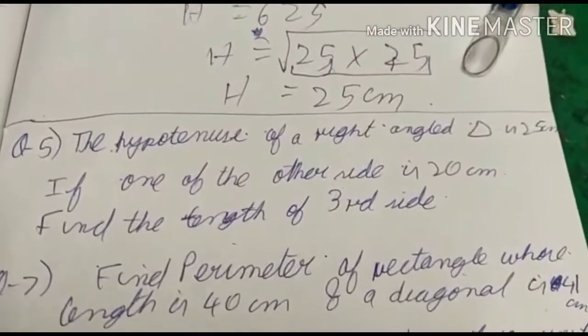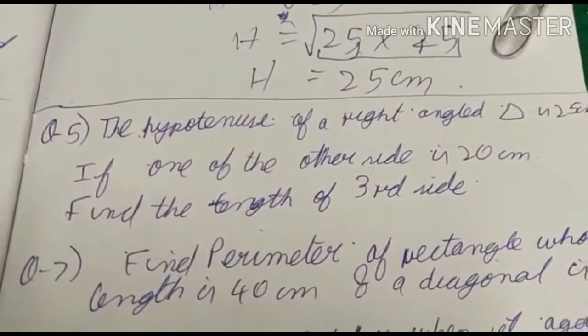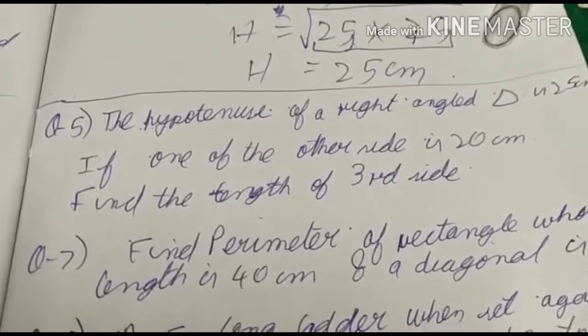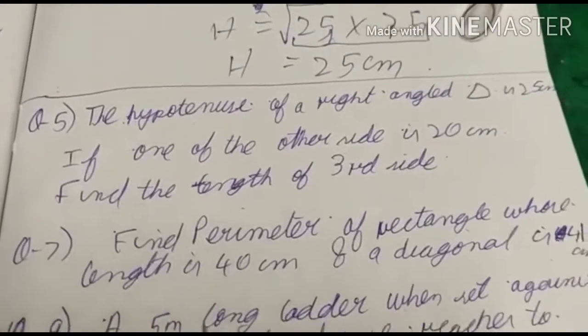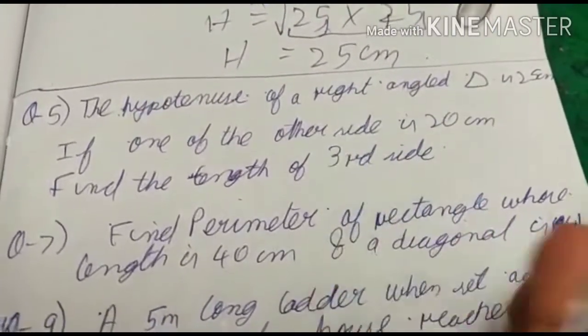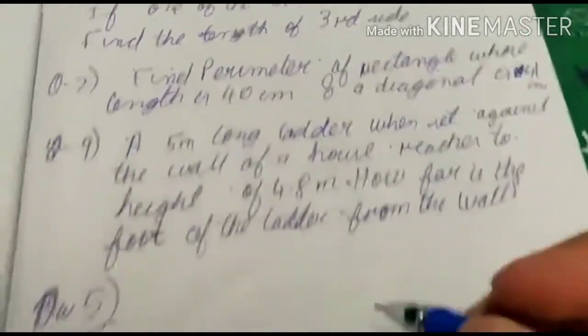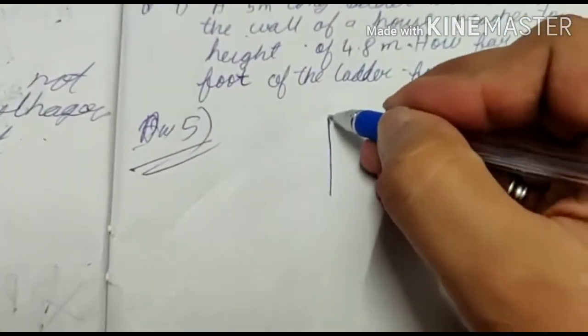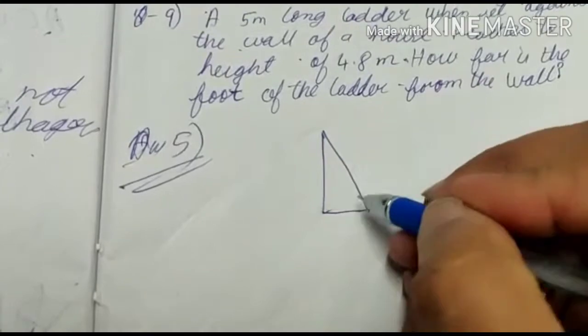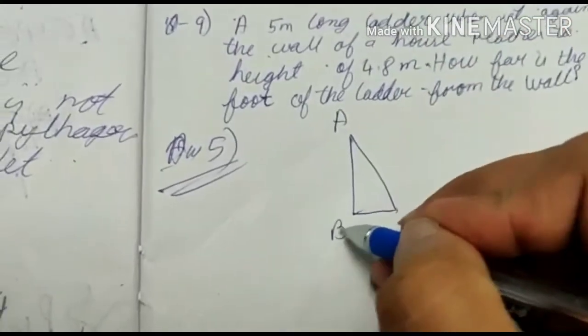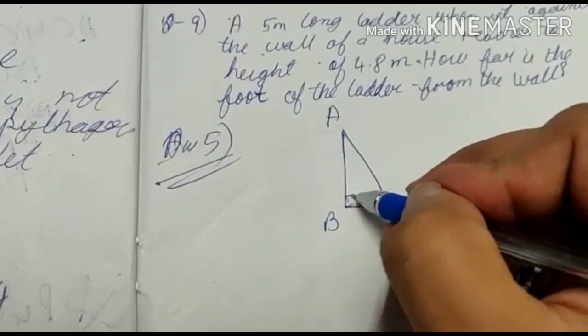So our next question in this exercise is question number 5. In this question number 5, the hypotenuse of a right angled triangle is 25 centimeter. There is a right angled triangle again. Name it ABC. Okay, so this is 90.